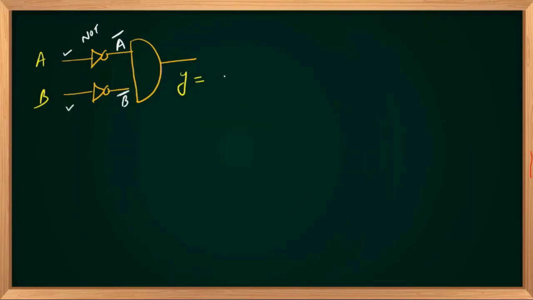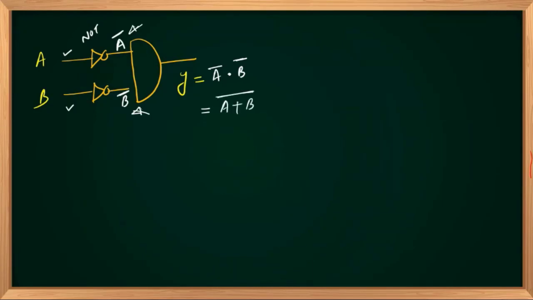So please listen carefully. The AND gate will produce the product of its inputs, that is A bar dot B bar. Its actual inputs are A bar and B bar, and the output will be the product of these two. If you're recalling De Morgan's law, it is the product of complements, and the product of complements is nothing but the complement of a sum.